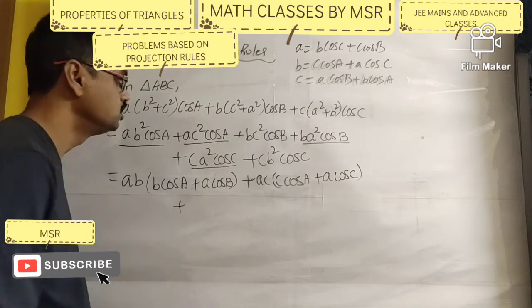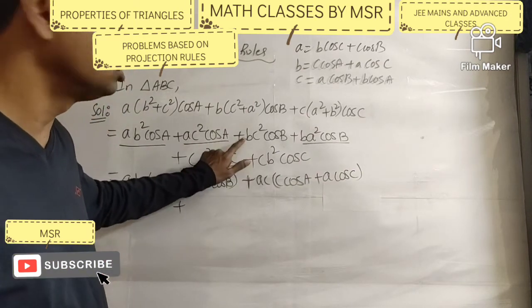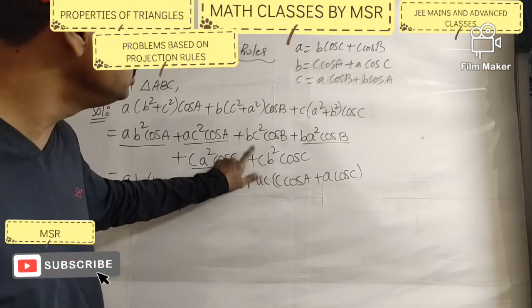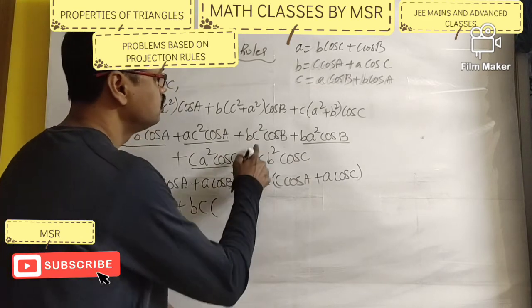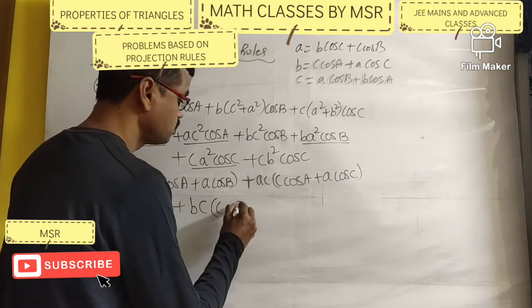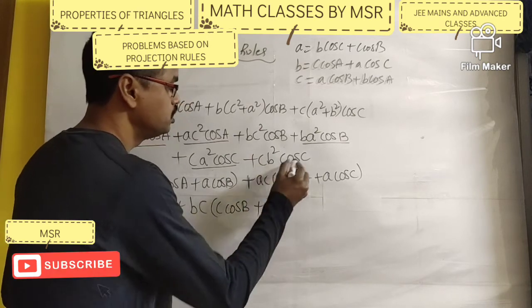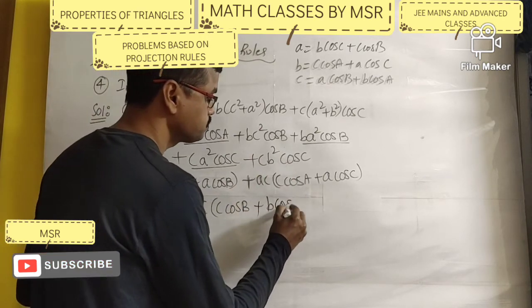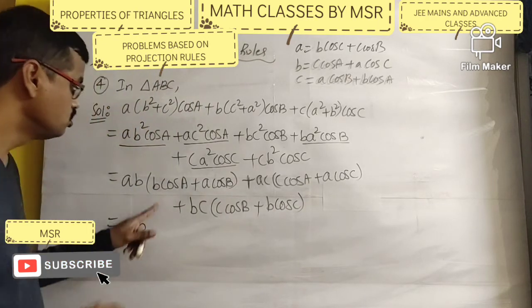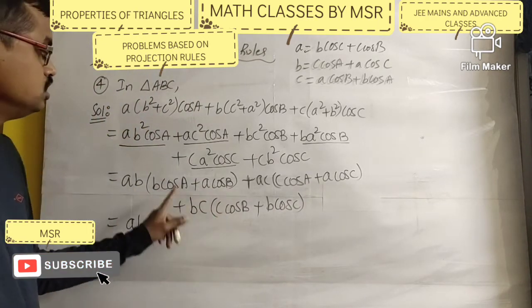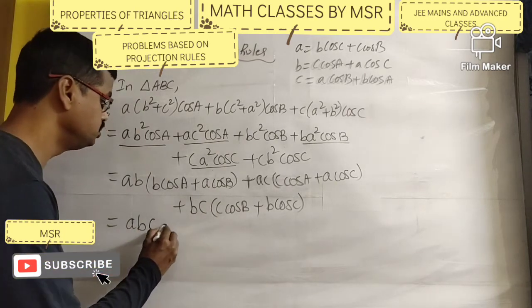Next, left with these two terms. In these two terms I can take bc common. If you take bc common, bc times of c cos B plus b cos C. Now ab times of b cos A plus a cos B, that is c. So abc.